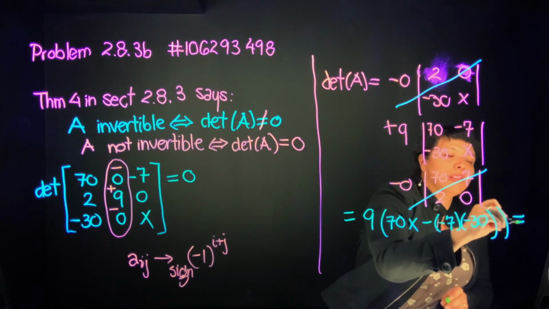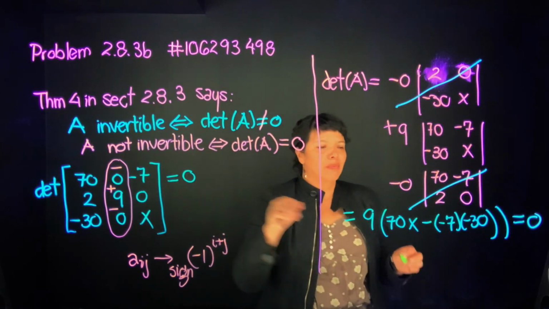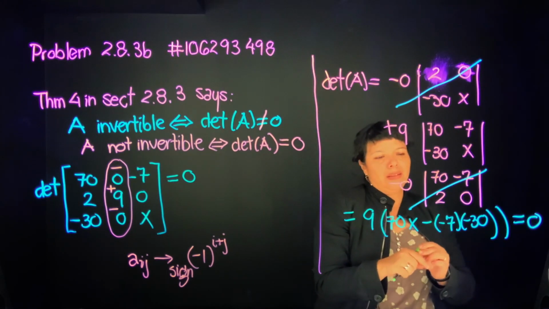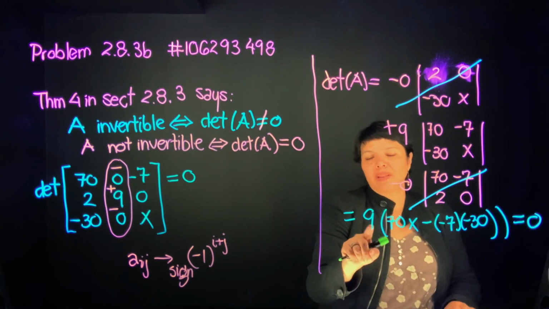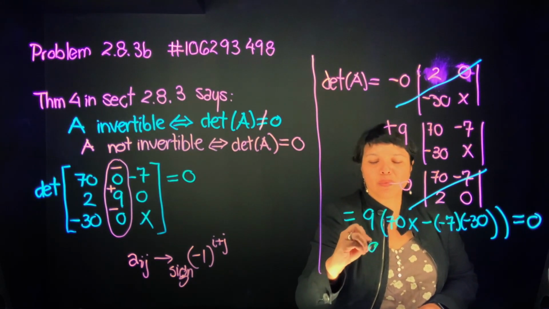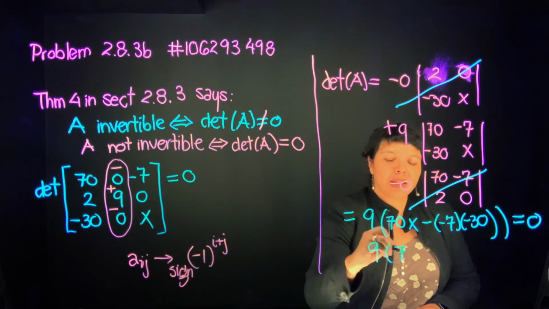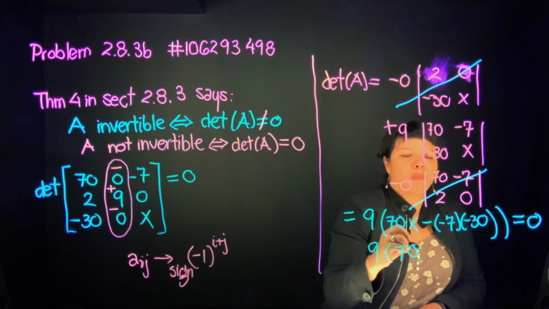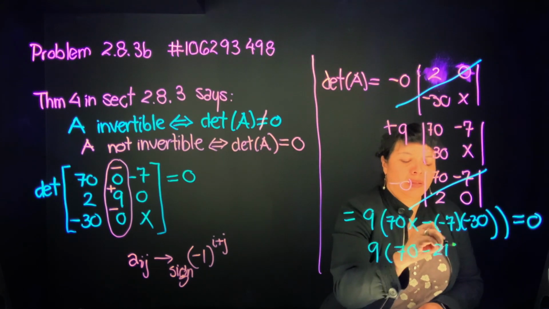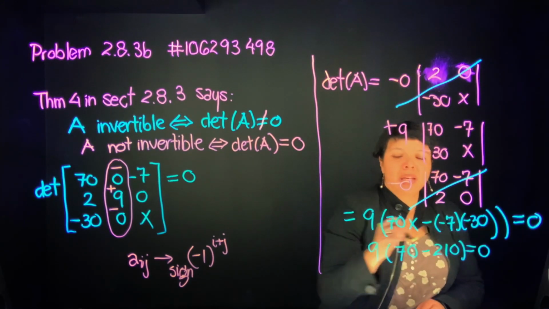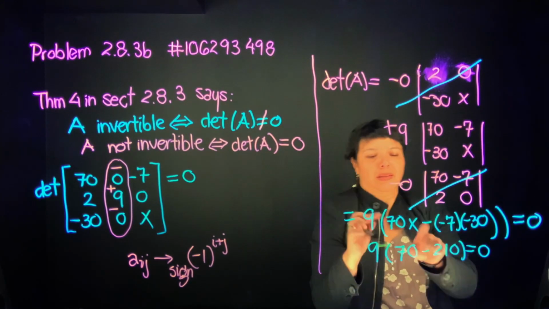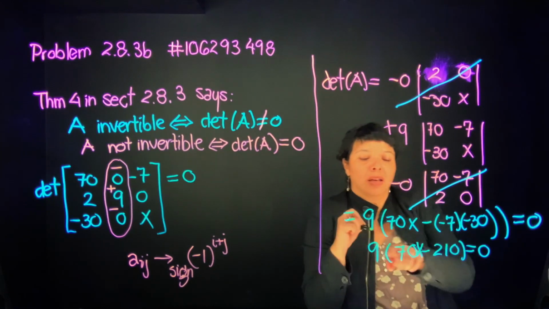and I want to set this equal to 0, remember, because of that. So I just simplify this. And I'm going to leave this already factored out. So 90 times 70x minus 210 equals 0. So you have a product of things, I forgot the x.